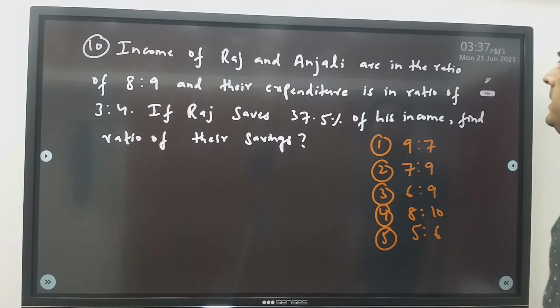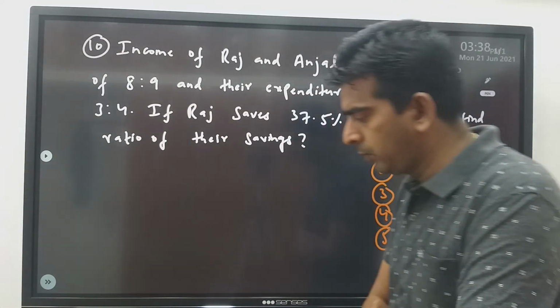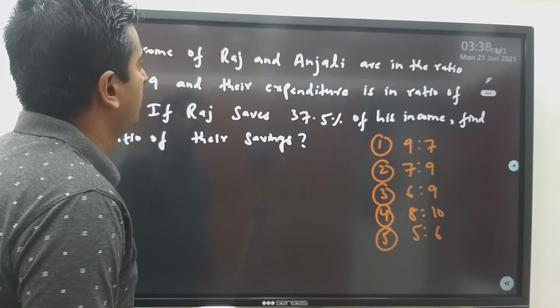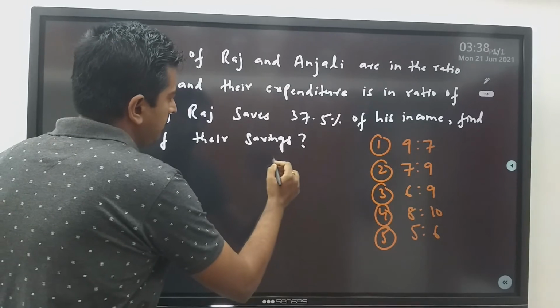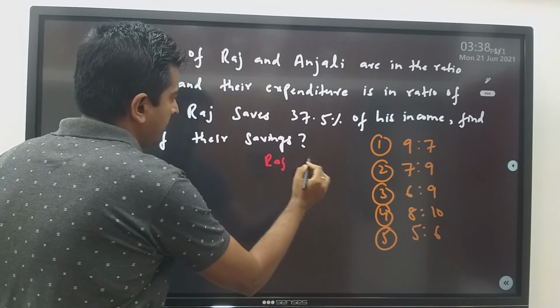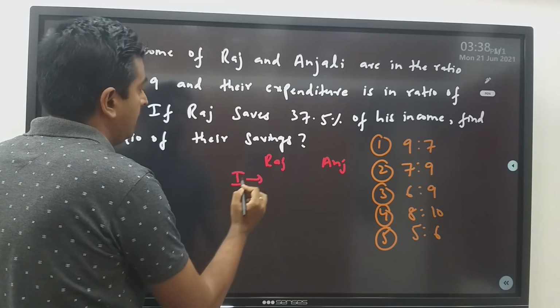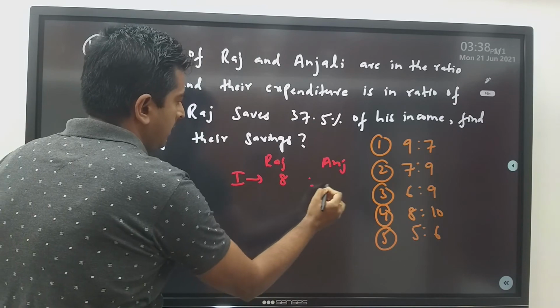Income of Raj and Anjali are in the ratio 8:9 and their expenditure is in the ratio of 3:4. If Raj saves 37.5% of his income, find the ratio of their saving. Very important question. Look at the level of this question, right? It's very important question also. So Raj and Anjali is there, right? Income, what they have given you, income ratio 8:9, right?